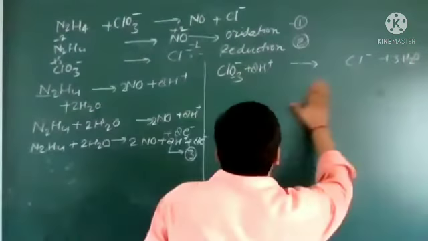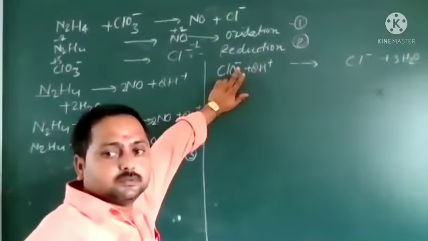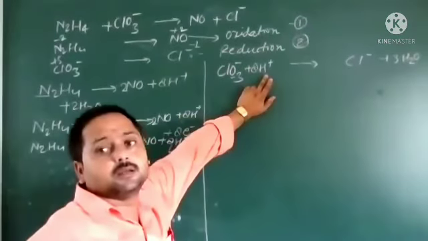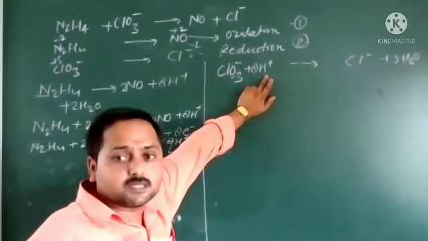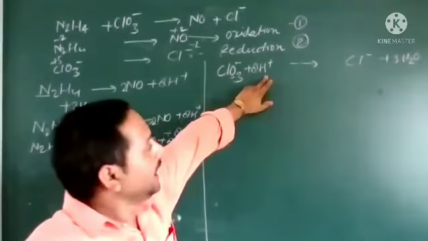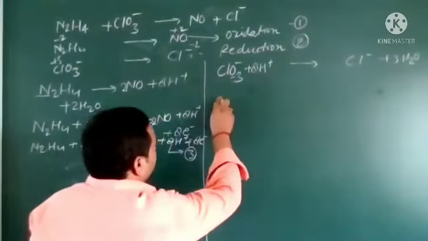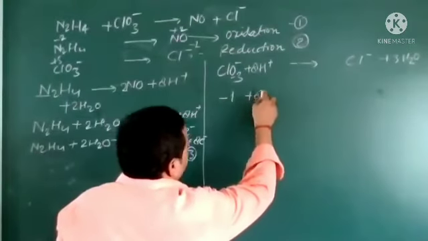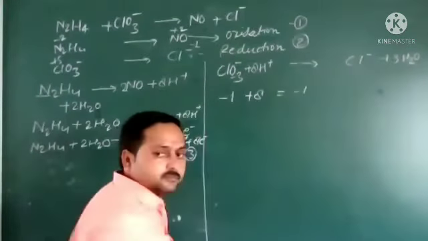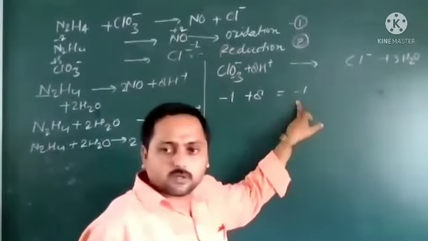Some students are confused. A simple example I am writing here: minus 1 plus 8 is plus 7, and here minus 1.